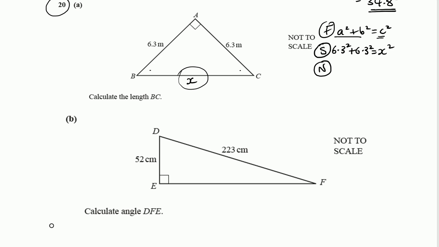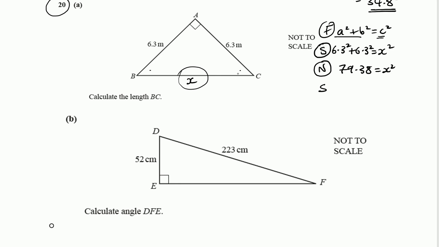Now let's look for any nice jobs that we can do. I can do 6.3 squared, add 6.3 squared, and I can get a result for that, 79.38. And that's equal to x squared. Now I need to get rid of that squared, so I'm going to use a square root.